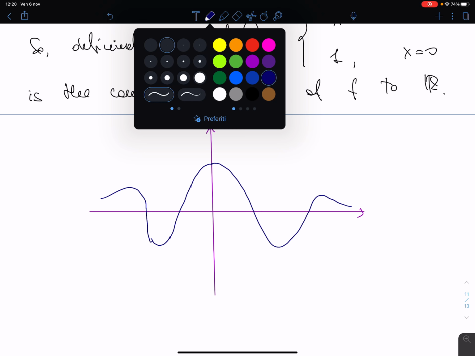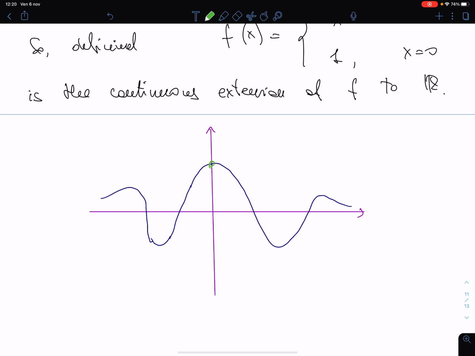Sine of x over x is not defined here. So I portrayed here this sort of hole with a circle here. But f tilde is defined here. Okay, good.